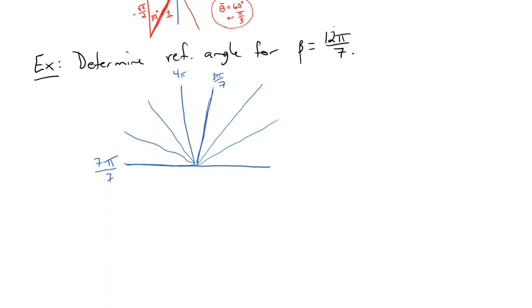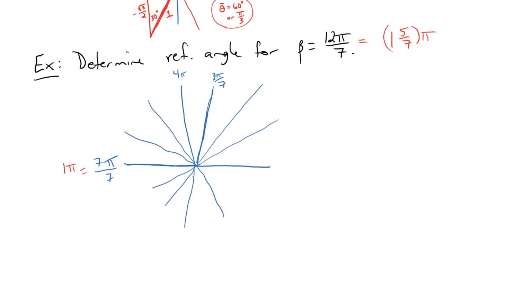But I need 12 pi over 7s, which is the same thing as 1 and 5/7 pi. So here's 1 pi, or 7 pi over 7, and I need to go 5 more. Okay, so there's 1, 2, 3, 4.